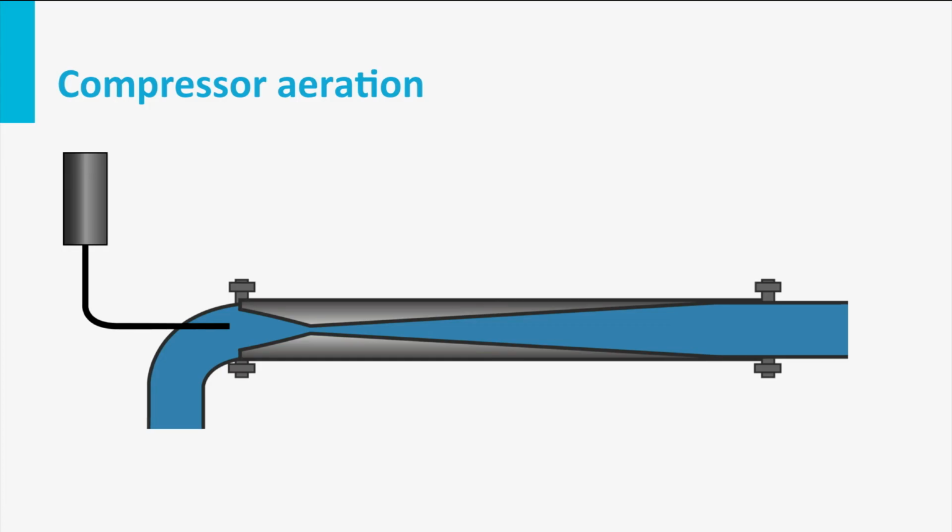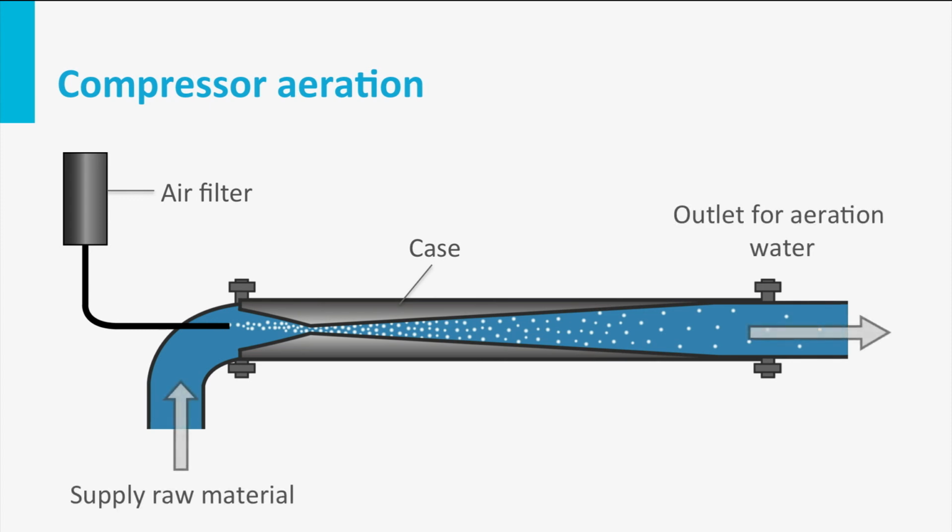In a compressor aerator, air is directly injected into a water pipe through a compressor just before a narrowing in the pipe. This causes a higher turbulence, leading to small air bubbles and good mixing. In the figure, Venturi aeration is depicted, which is a variant of compressor aeration and was often applied in the past.